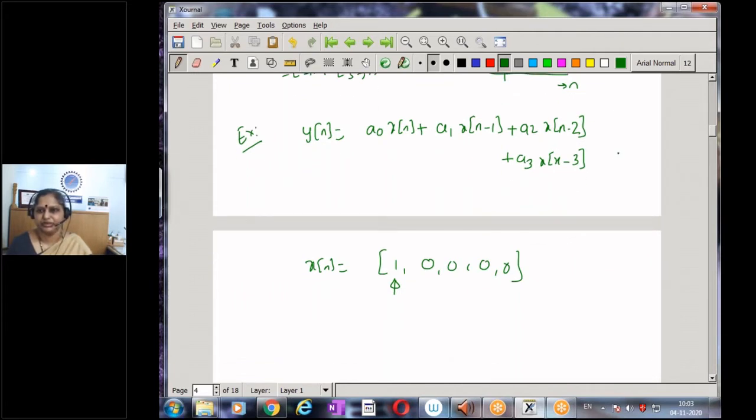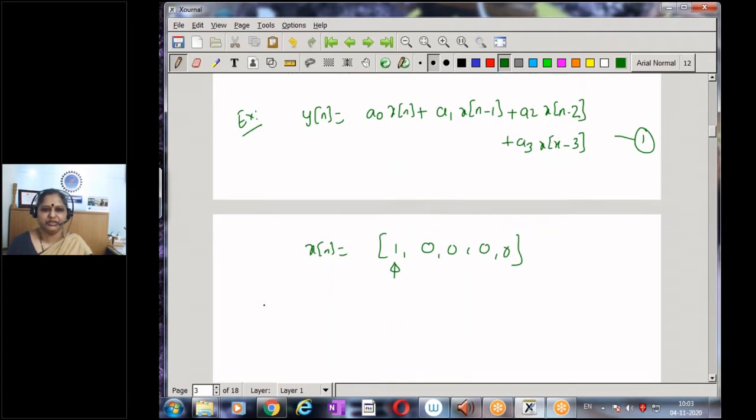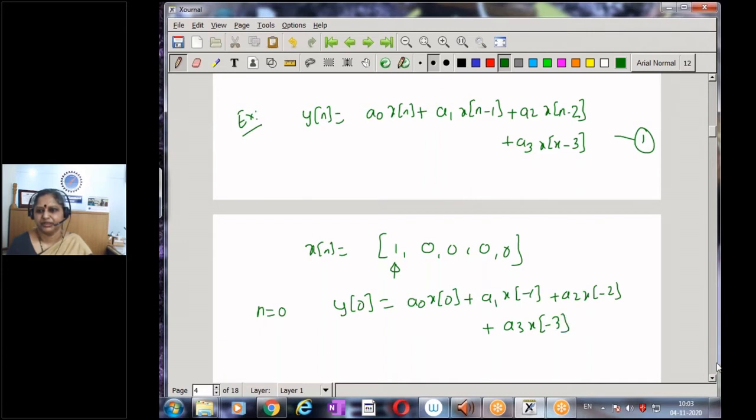So I consider my difference equation, say equation 1, and I put in different values of n. Let us say I put n equal to 0. Then I will get my y of 0, which is a0 x of 0 plus a1 x of minus 1 plus a2 x of minus 2 plus a3 x of minus 3.